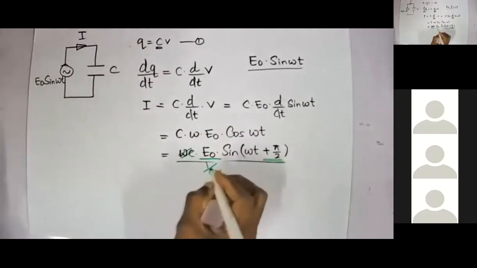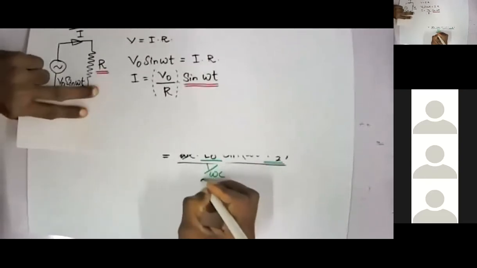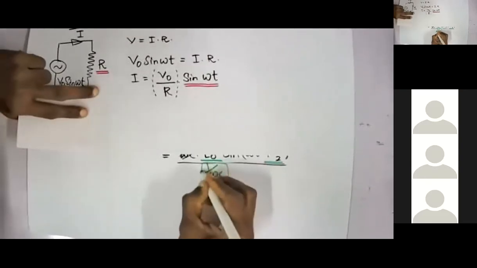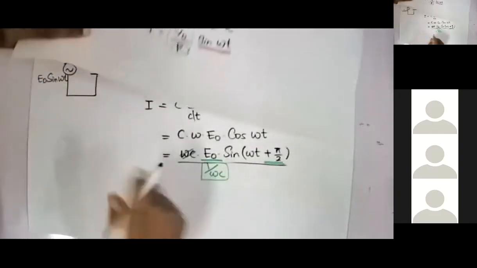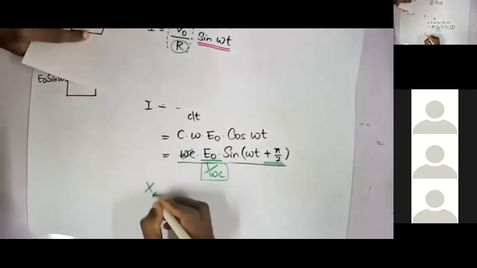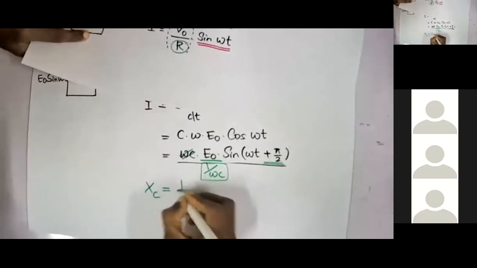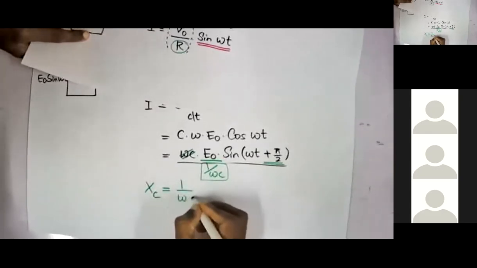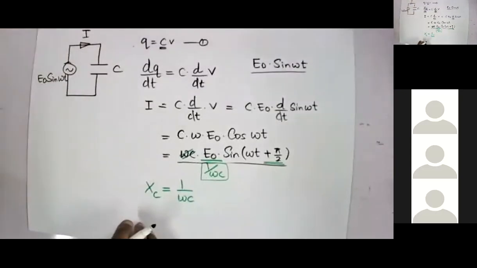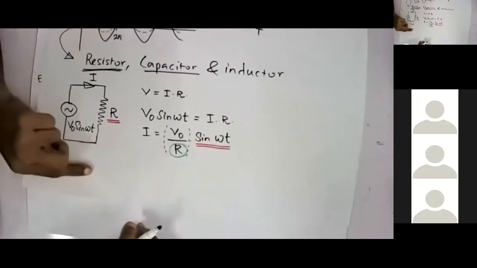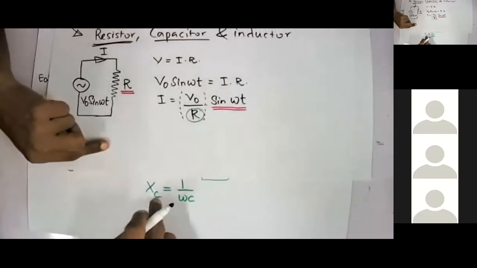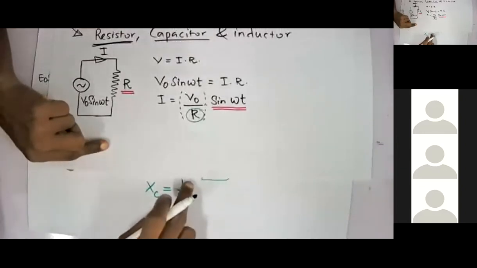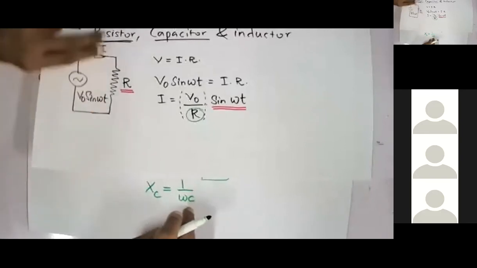So I can write this 1 over omega C as the resistive equivalent of a capacitor, which is Xc. That is equal to 1 over omega C. R and then Xc. I can write Xc as 1 over omega C.